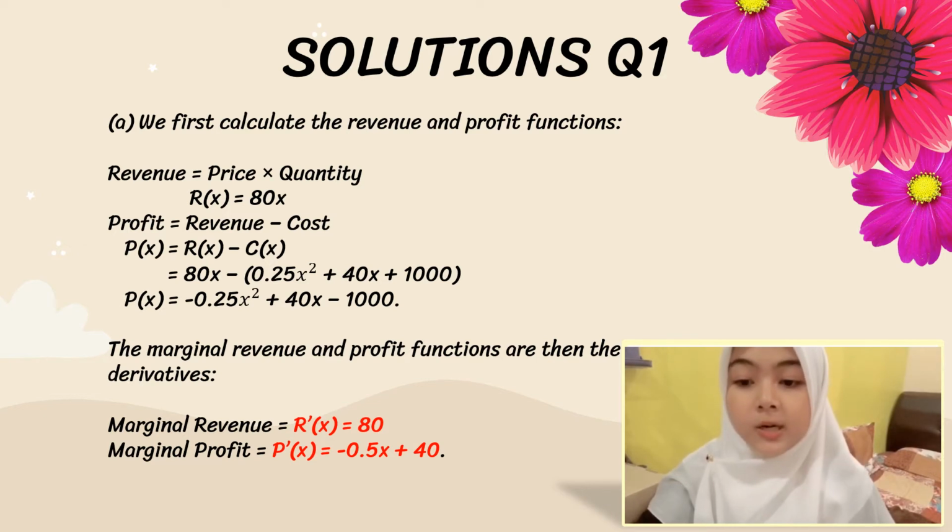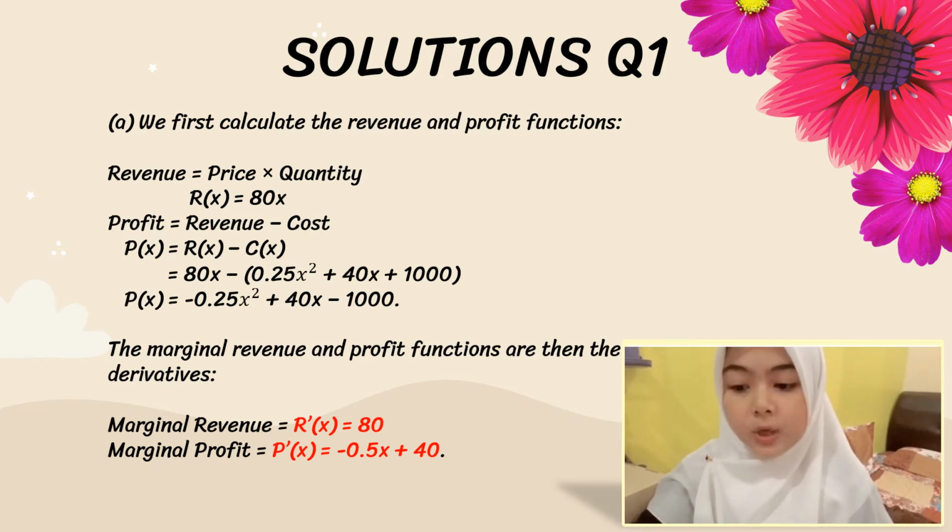So, these are the solutions for question 1. First, calculate the revenue and profit functions. As we know, revenue is equal to price multiplied by the quantity, so we got 80x. The next one is profit, which is the revenue minus the cost. So we got negative 0.25x squared plus 40x minus 1000.